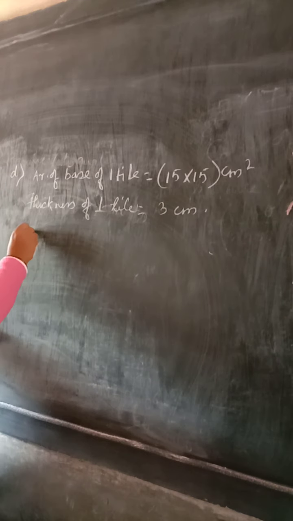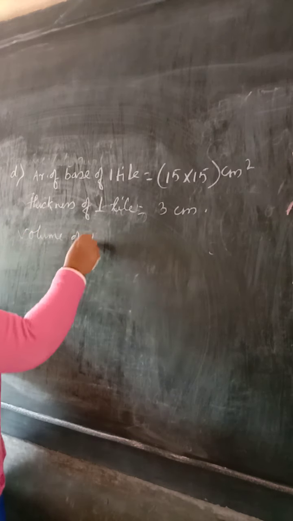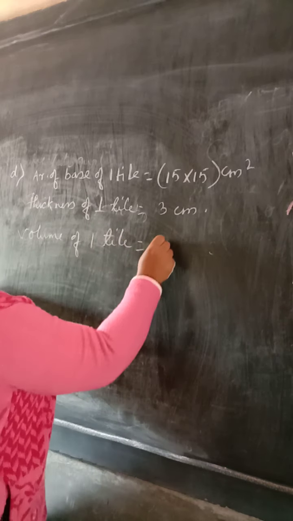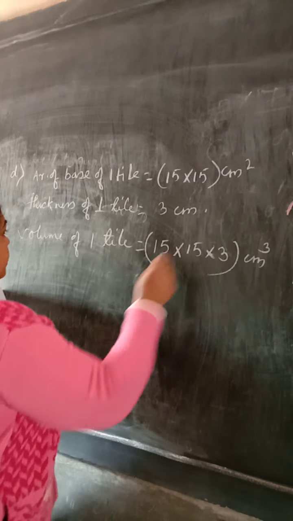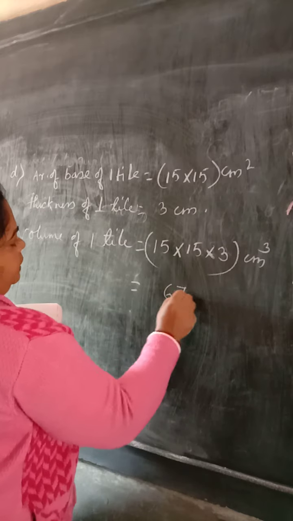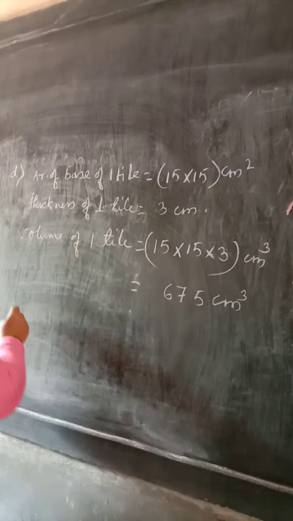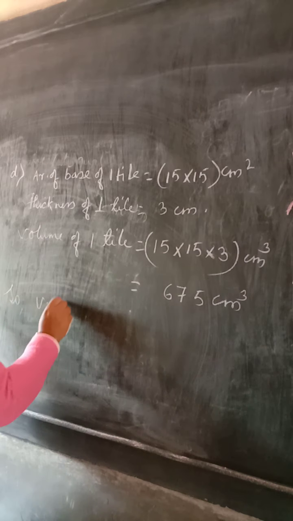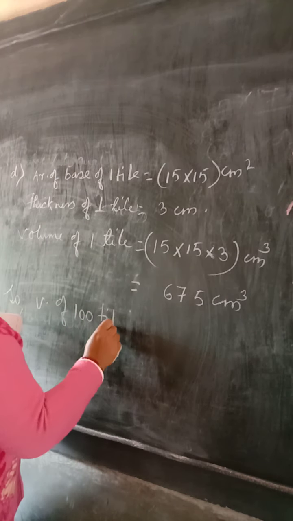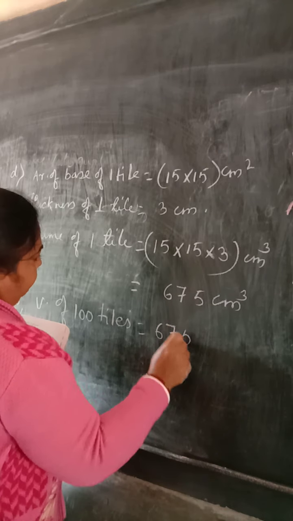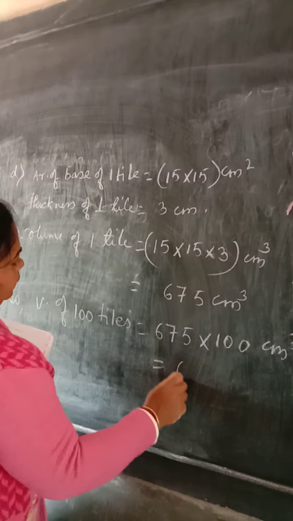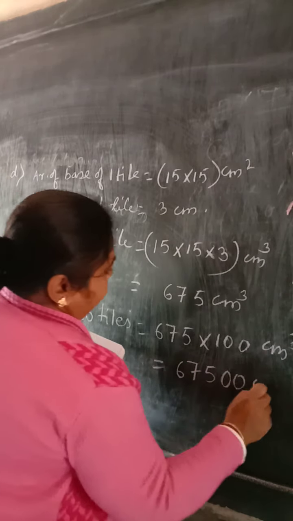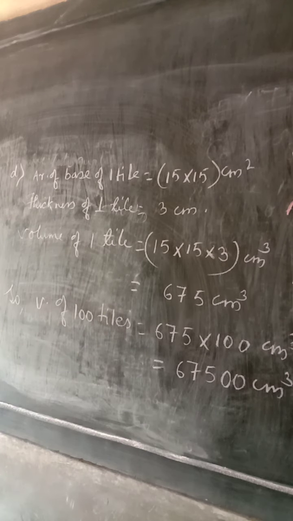So what is the volume of one tile? 15 into 15 into 3 centimeter cube, that is 675 centimeter cube. So the volume of 100 tiles is 675 into 100 centimeter cube, because the box contains 100 tiles. So this gives you 67500 centimeter cube. This is question number D.